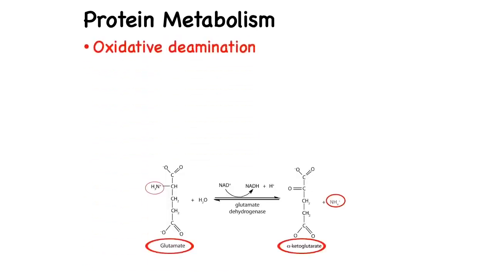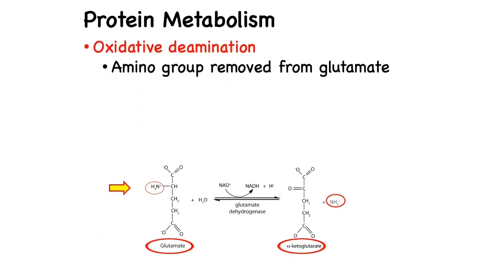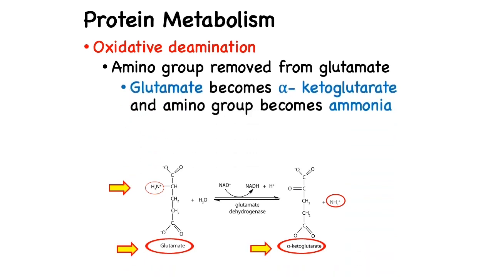During oxidative deamination, the amino group on the amino acid glutamate is removed. When that occurs, the glutamate then becomes alpha ketoglutarate. Remember, alpha ketoglutarate is an intermediate of the citric acid cycle.